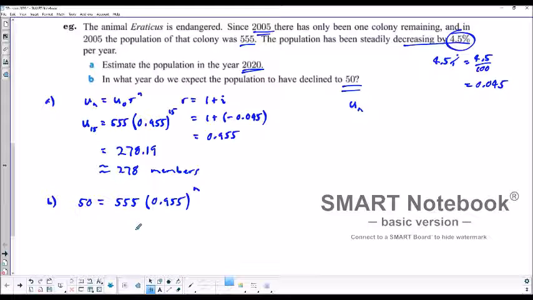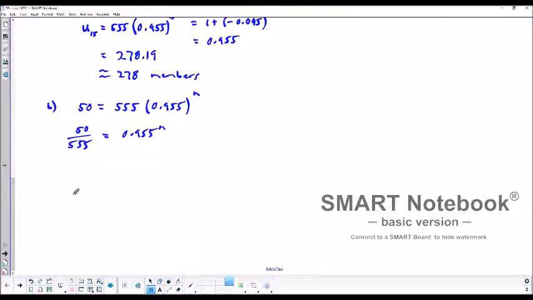So we'll divide both sides by 555 because we need to isolate the exponent. We'll leave that for now, and I'll head back over to the calculator for a second.